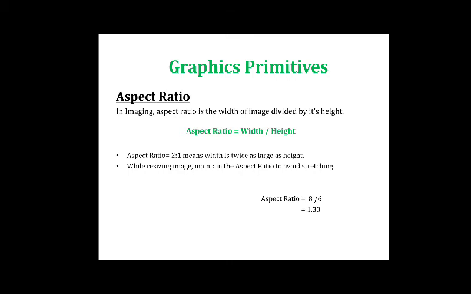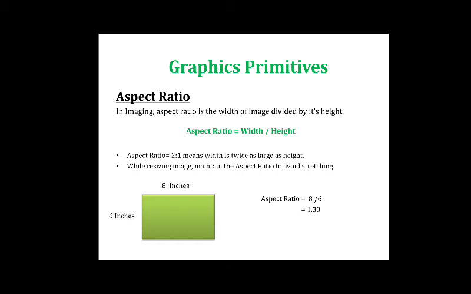So, how do you find the aspect ratio? Here is one example. Suppose this is an image with a width of 8 inches and a height of 6 inches. You have to maintain this aspect ratio while resizing this image. Whenever you are resizing, you should check that your aspect ratio is 1.33, because it is the aspect ratio of the original image.